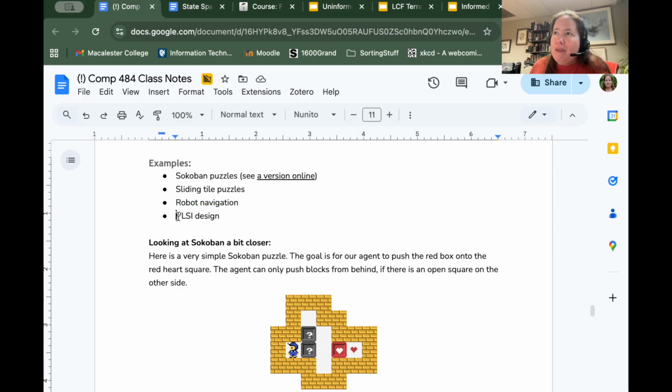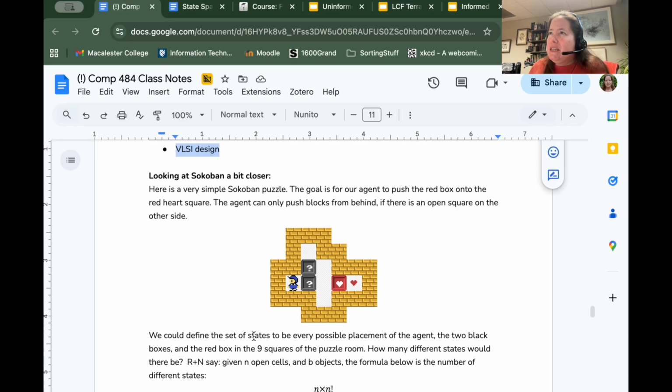Here's one you might not think of: VLSI, very large scale integrated circuits. These are often specialized circuits that are being designed for a special purpose. It turns out you can actually apply some of these methods to build up a solution to a problem that you want to solve with a chip, and then you can turn it into hardware. There are many, many others, and we will see some more in later examples.